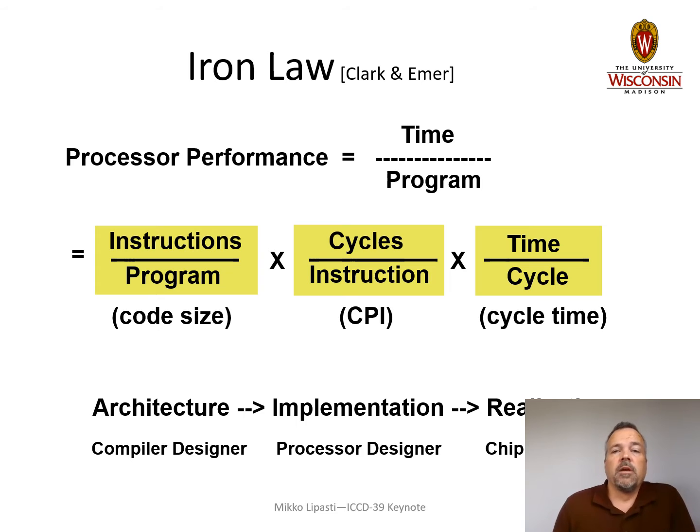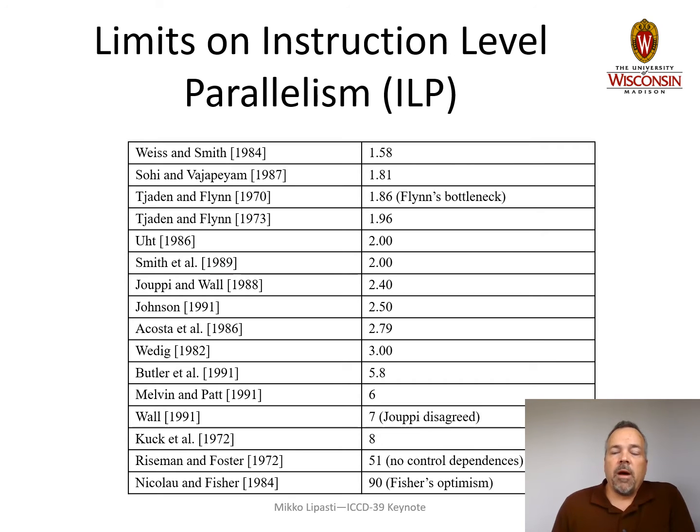We can describe this using something called the iron law, as proposed by Doug Clark, which breaks the time per program into 3 interrelated terms: the number of instructions per program, which is defined both by the algorithm designer or programmer as well as the compiler designer, who can introduce new optimizations that reduce the number of instructions per program; the processor designer, who has to make a decision about how much parallelism to try to extract from the execution of the program at runtime; and also finally the chip designer, who will determine the cycle time of that particular chip.